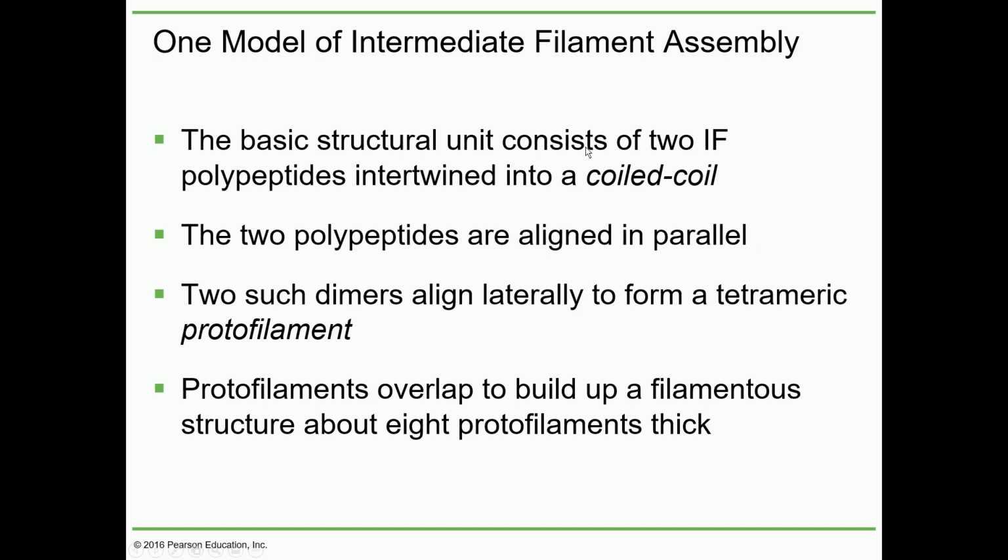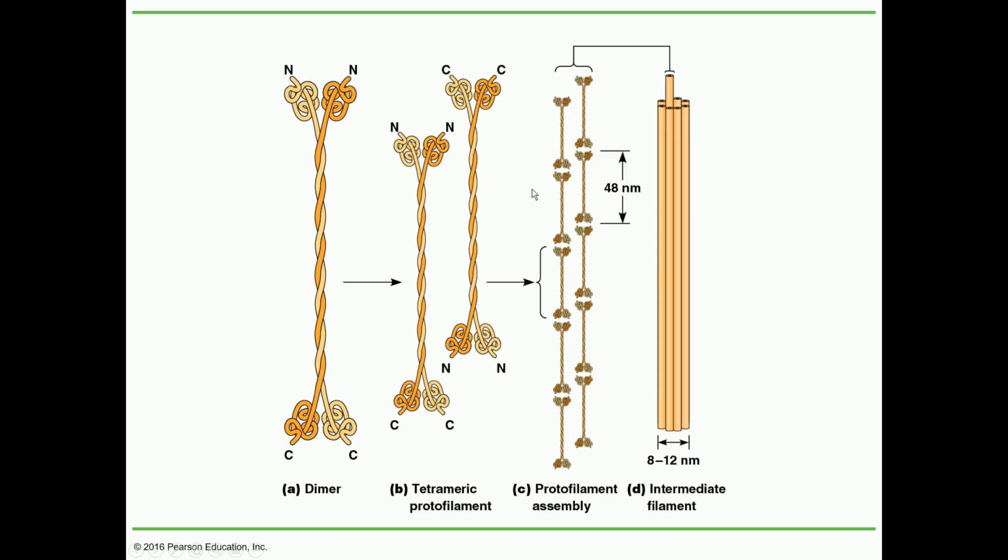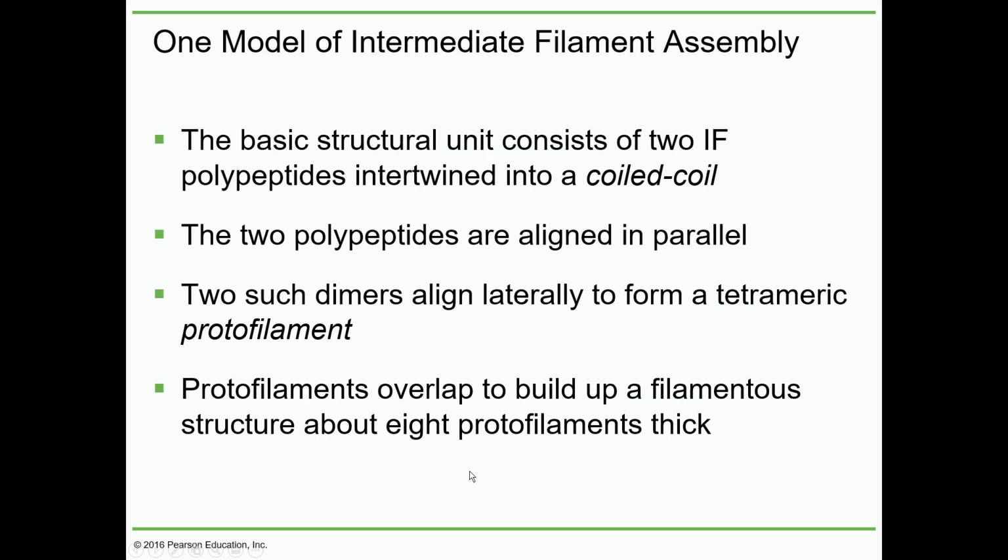The basic structural unit basically consists of filament polypeptides intertwined into a coiled coil. So you can see here, the basic structure is a dimer like this. It consists of two intermediate filament polypeptides intertwined into a coiled coil.